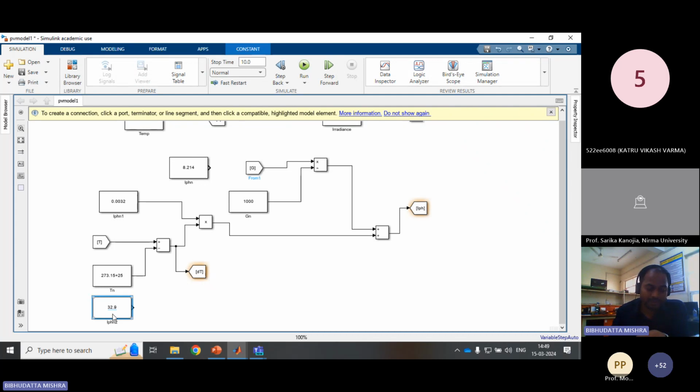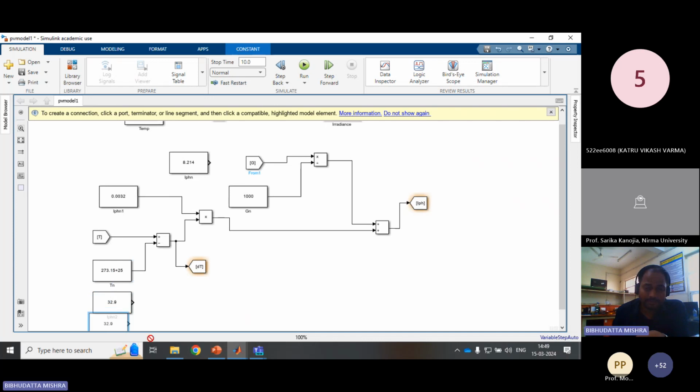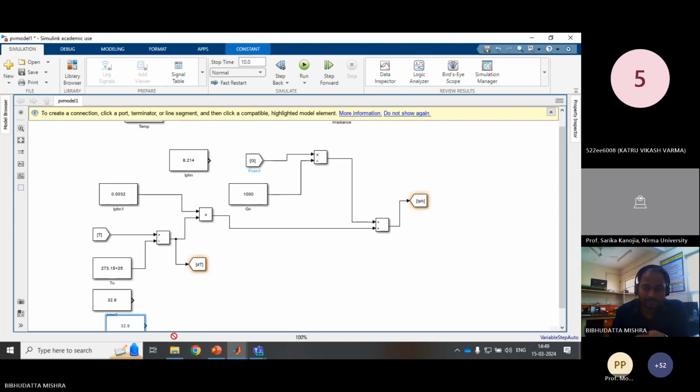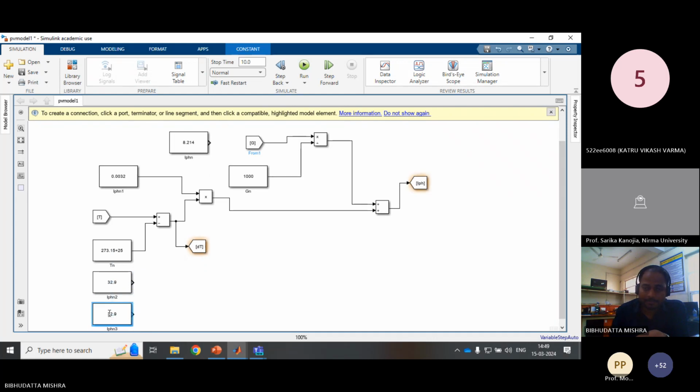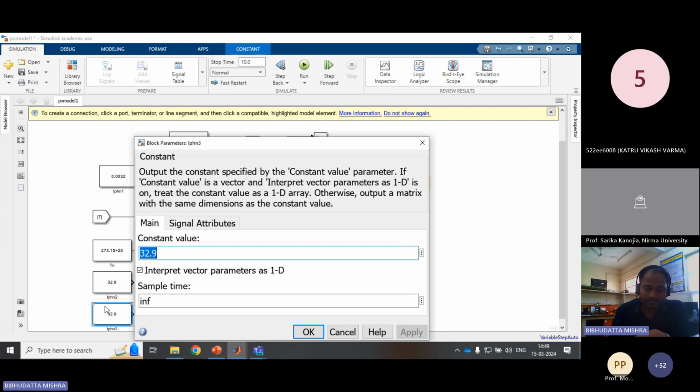VOCN should be added with KV delta T. KV is also one constant, with the value of KV being minus 0.123.